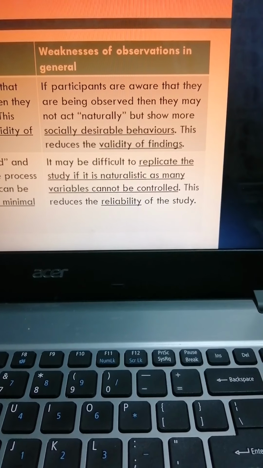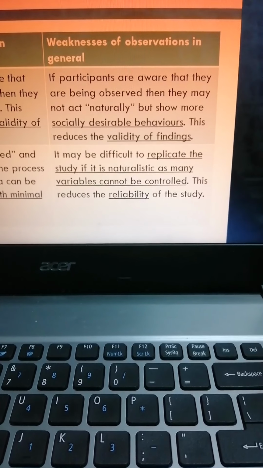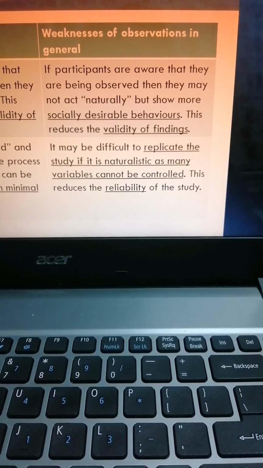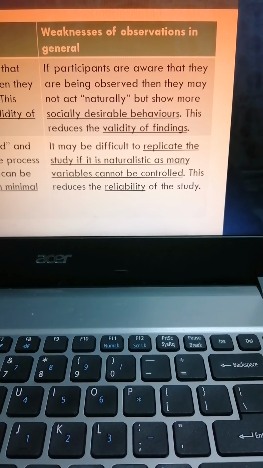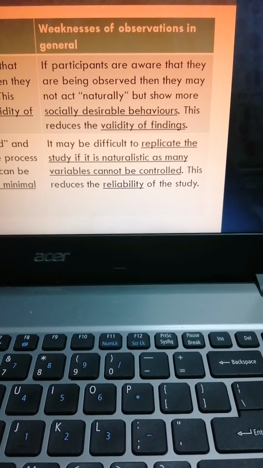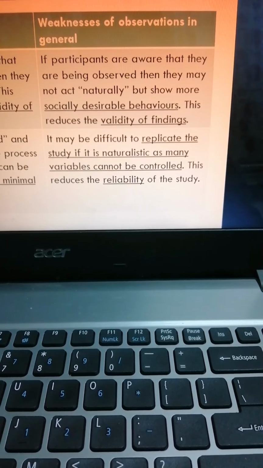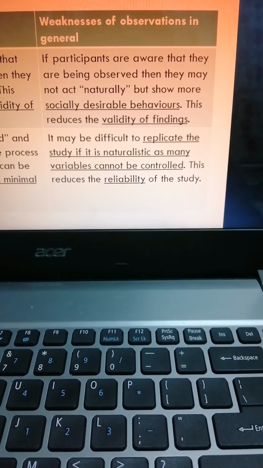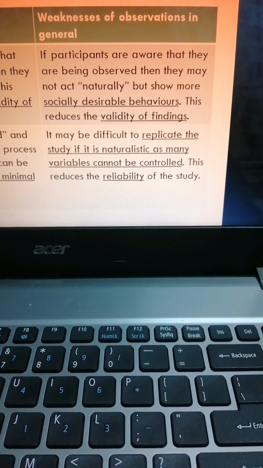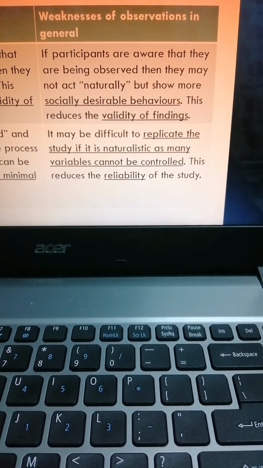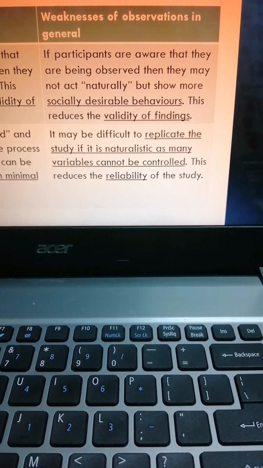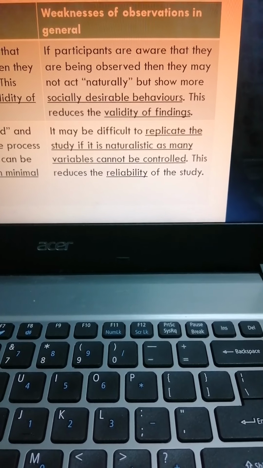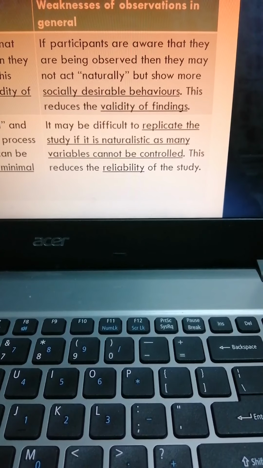So let's move on to the weaknesses of using the observational method. Since the participants may know that they are in a study, especially in open observation, they might not act naturally, and they might be showing another side of themselves, or totally not their actual behavior, and they will be influenced by social norms, known as socially desirable behaviors, meaning they are behaving like what other normal people behave in society in general.